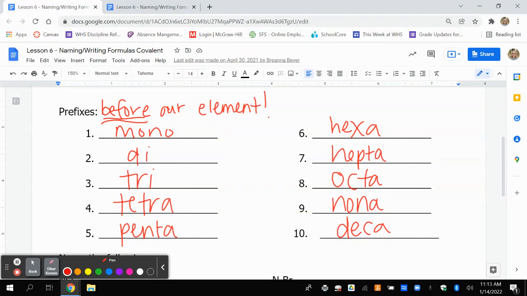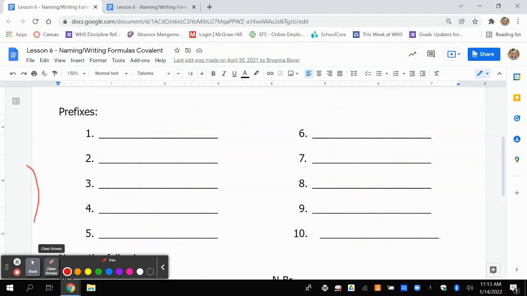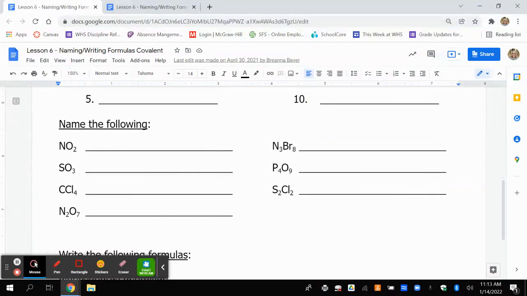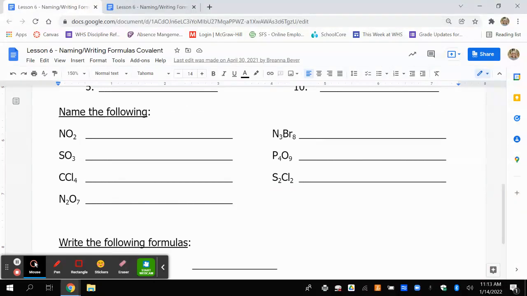We are going to use these prefixes to help us write the name of the covalent compound. So I'm going to clear this and we can look at some examples. For NO2, we have nitrogen.